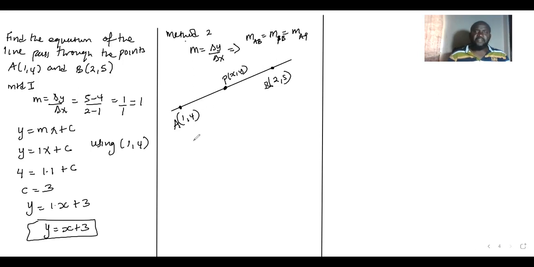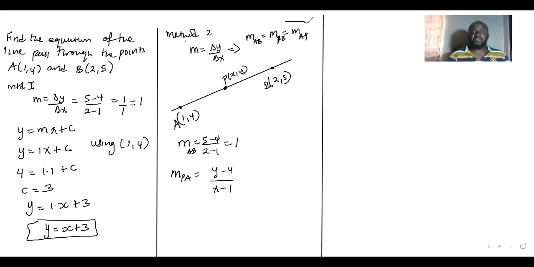Now, because you have already got gradient of AB, which is M, which was got from 5 minus 4 out of 2 minus 1, which is 1, then this is gradient of AB. Then get the gradient of either PB or PA. Use any of the two. So for example, if I use PA, I'll get change in y, which is y minus 4 out of x minus 1. This one now is not equal to anything because you can't simplify it.